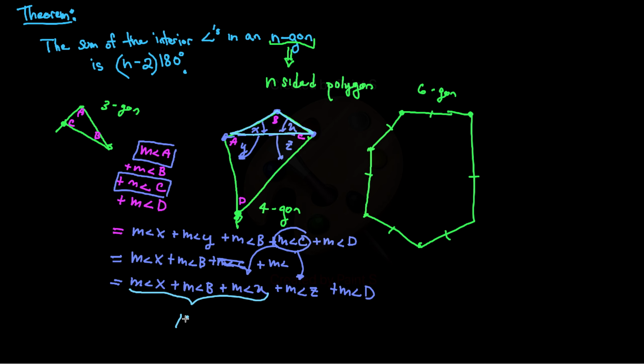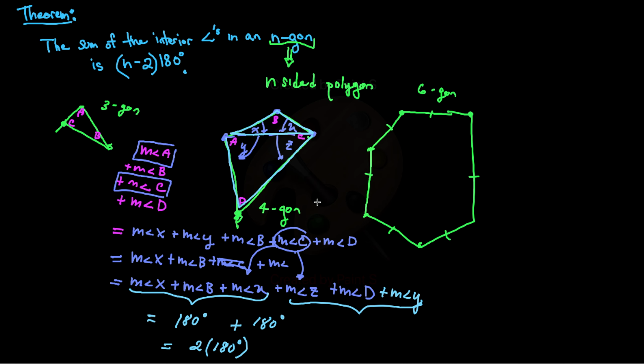So this is going to give me a 180 plus, and wait, what did I forget here? Z, oh, plus Y. I forgot measure of angle Y here. And this here, Y plus Z plus D, that's this triangle, which again has to be 180. So now I get two 180s, which is 360.